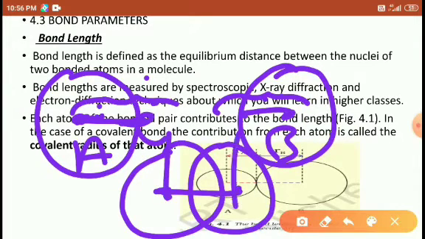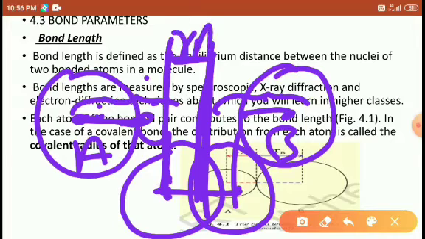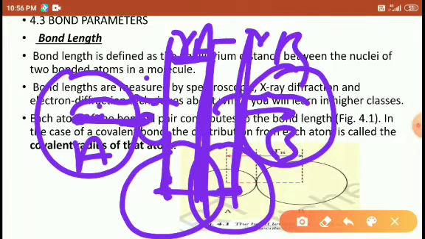Understood students? The part contributed by A we call the covalent radius of A, that is Ra. The part contributed by B we call the covalent radius of B, that is Rb.